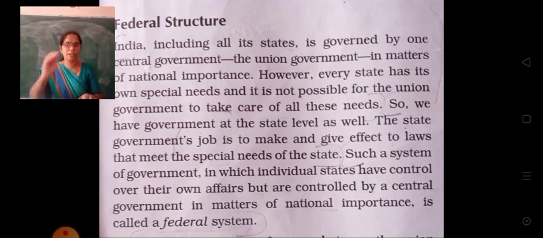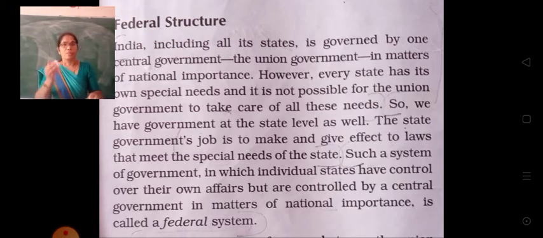However, every state has its own special needs, and it is not possible for the union government to look after the needs of each and every citizen of the country.